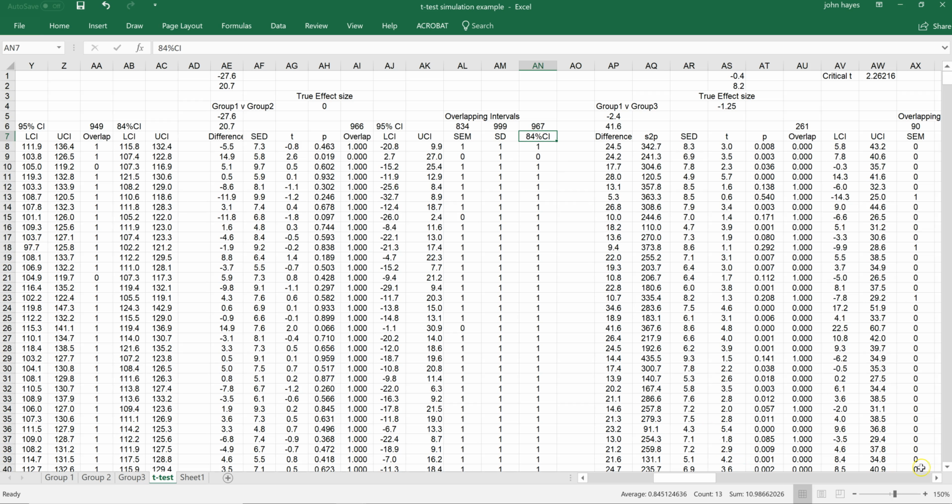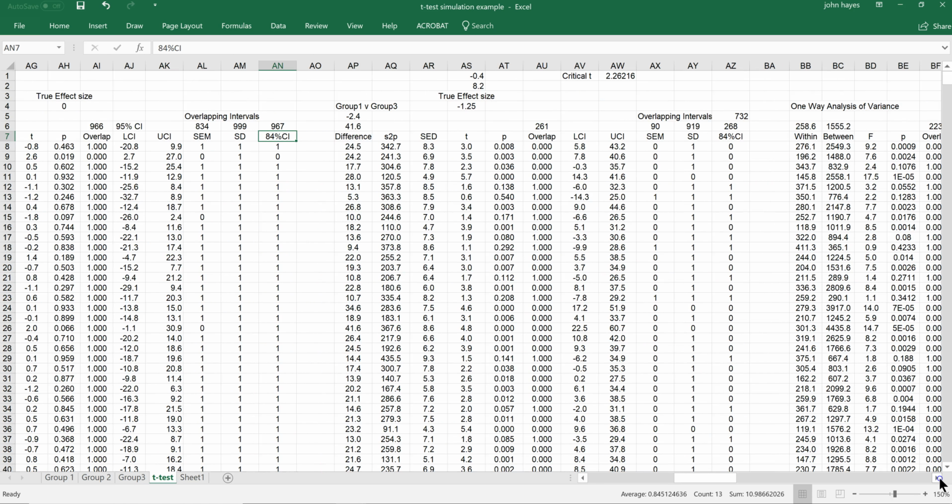Now we do the same thing when group 1, whose underlying population mean is 100, and group 3, it's 120. So now the truth is that there's a 1.25 true effect size. Now how many times do we reject the null hypothesis?